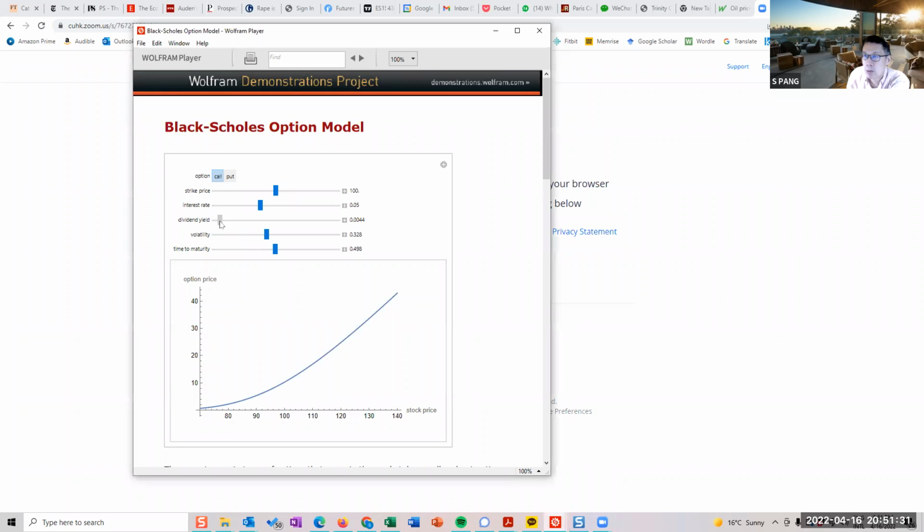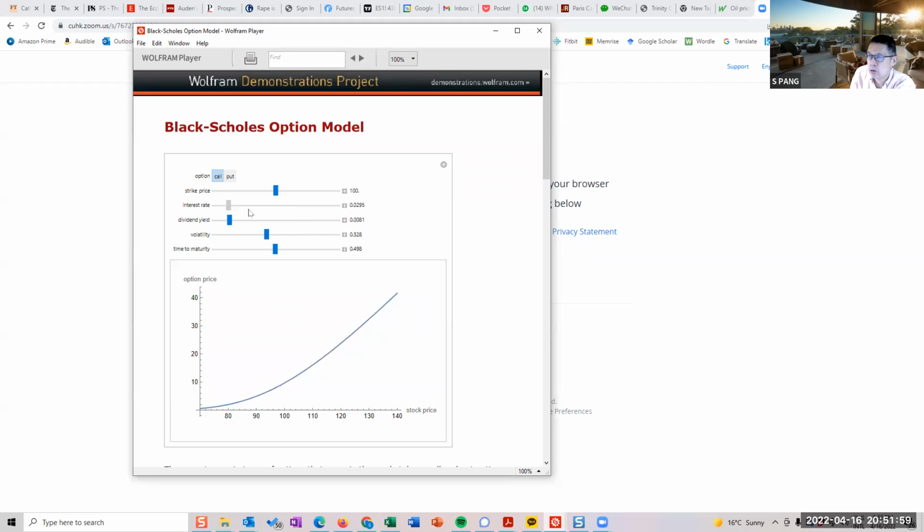So I'm going to move this dividend. I think you can kind of see, right? It's not really so noticeable, but the curve is sinking a little bit. And then for interest rate, when interest rates go up, option price, or at least the call price, goes up.